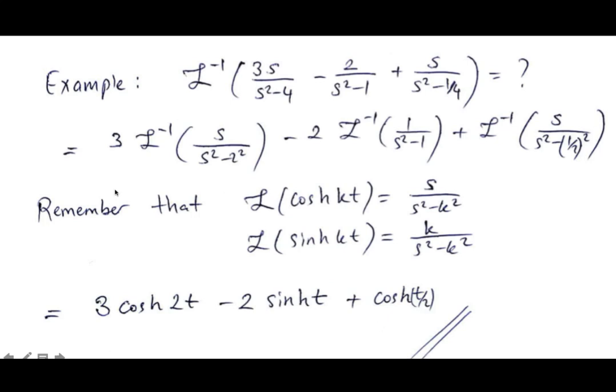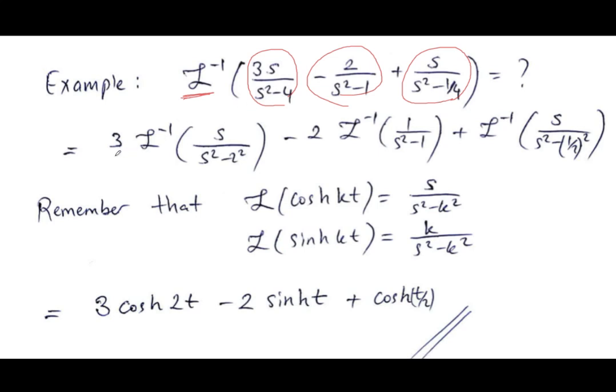Now another example, we have 3 expressions here, and for each one of them we need to apply the inverse Laplace transform method. So we need to apply this 3 times. But most of these expressions, I think you have already now got familiar and can guess what should be the inverse Laplace transform correspondingly.